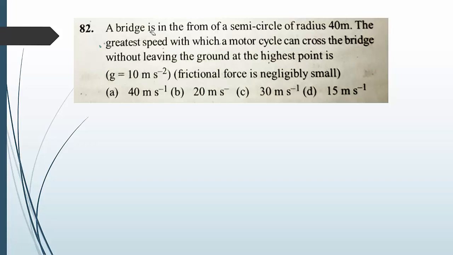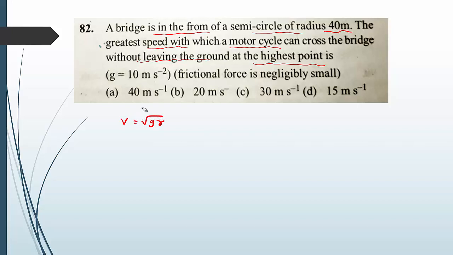82. A bridge is in the form of semicircle of radius 40 meter. The greatest speed with which a motorcycle can cross the bridge without leaving the ground at the highest point is. Frictional force is almost negligible. So again we go for the same equation, v equal to square root of g into r, because mu is neglected.